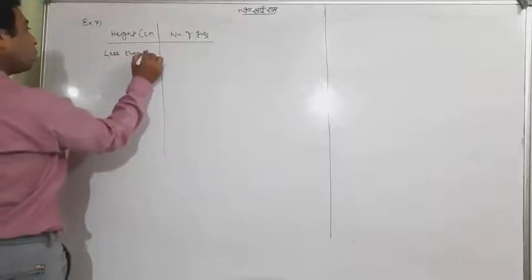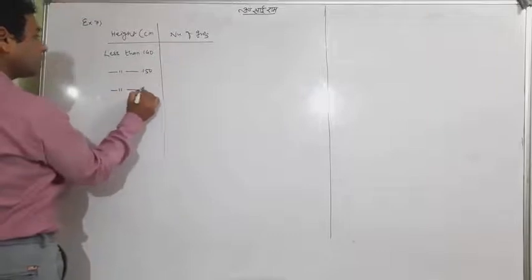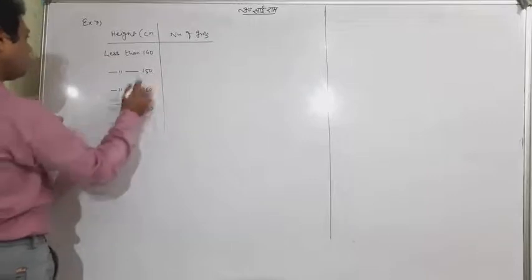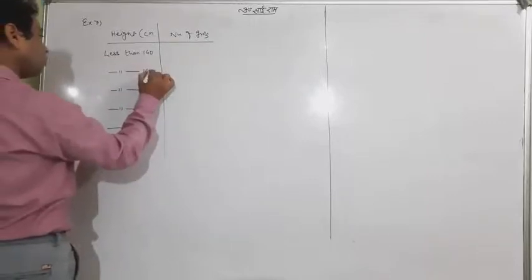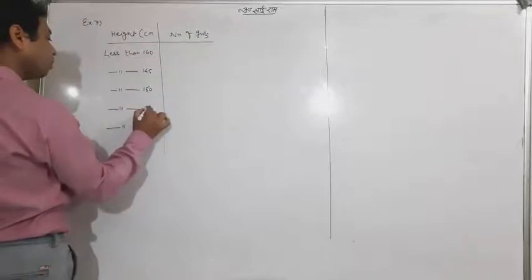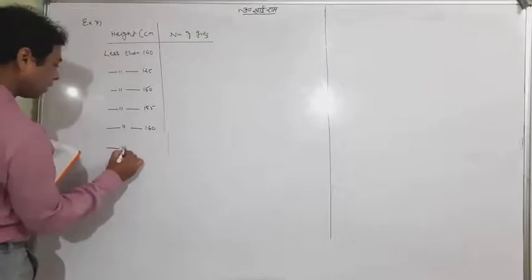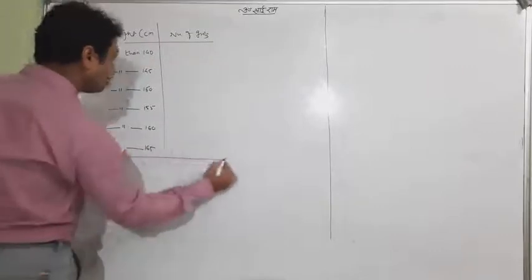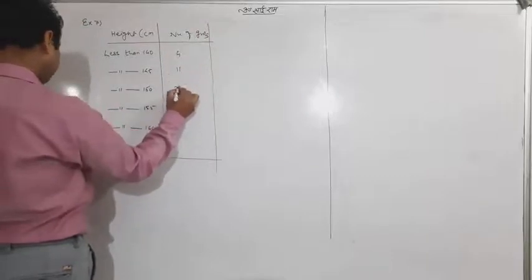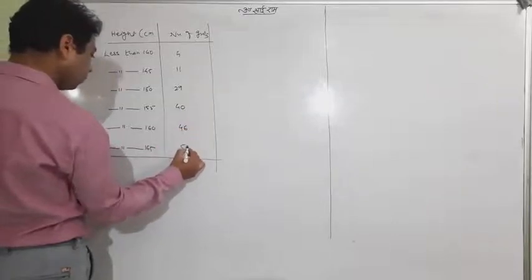It is less than 140, less than 145, less than 150, less than 155, less than 160, and lastly less than 165. And the number of girls are 4, 11, 29, 40, 46 and 51.